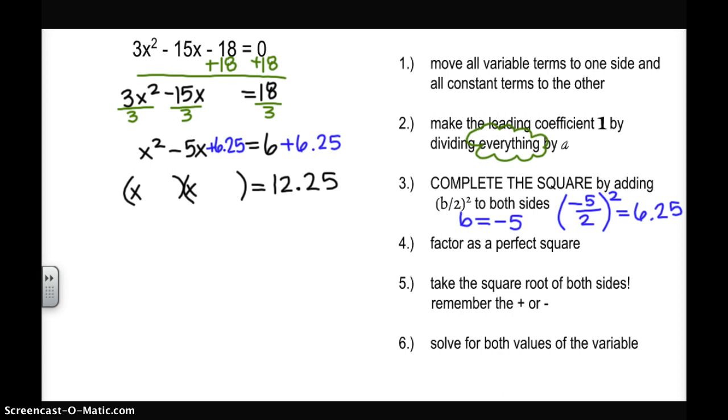So I'm going to let you in on a little secret. This is x minus and minus because I've got to make a negative 5. But that b over 2 is really what's going to get put in here. That 5 divided by 2, negative 5 over 2, that's really what I'm going to put in here.